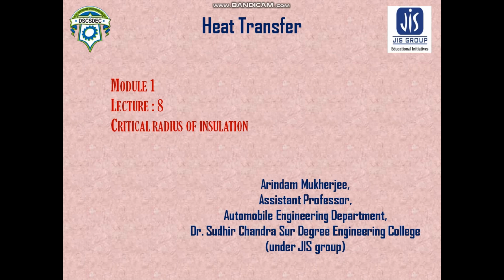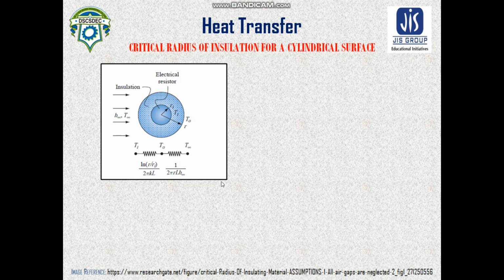Our objective was to insulate that material, whereas we are observing that heat transfer is increased. So this is completely against our desire. This phenomenon, this problem, can be discussed from the point of view of critical radius of insulation. So let us see what we mean by critical radius of insulation.